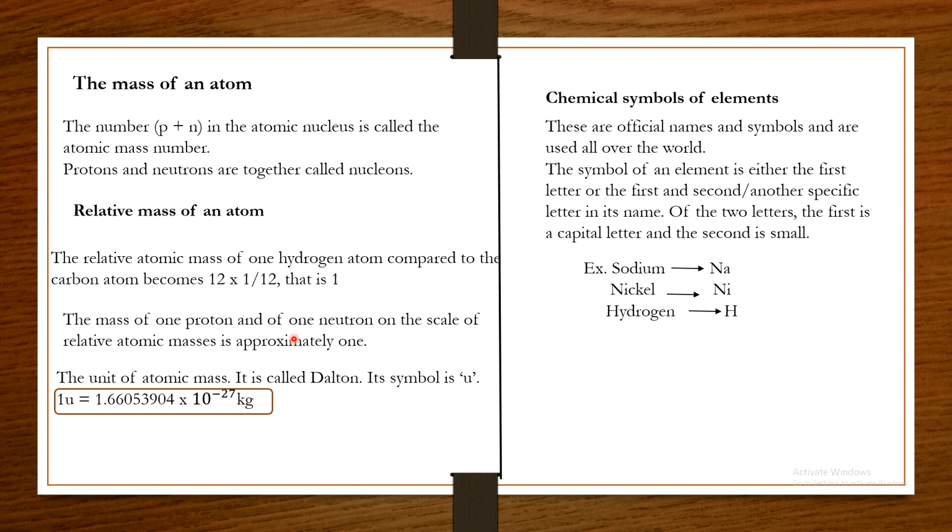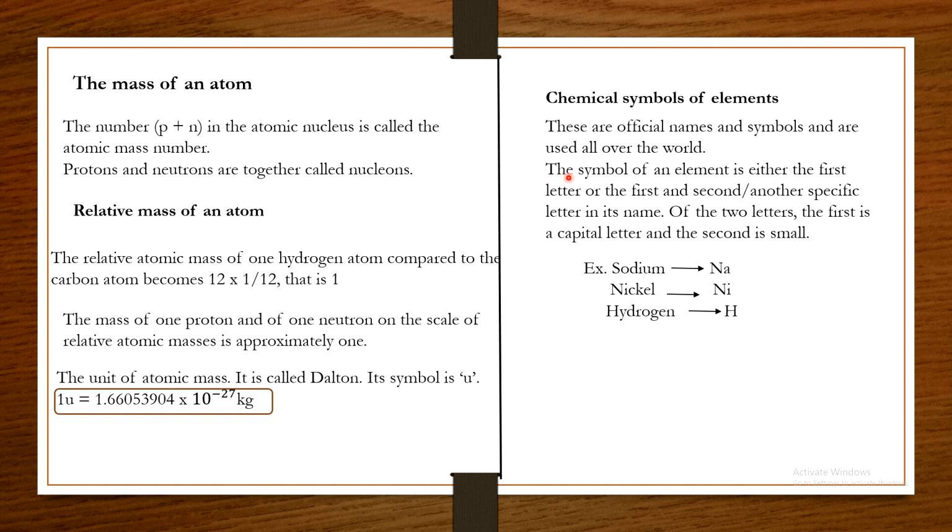And the mass of one proton and one neutron on the scale of relative mass is approximately 1. That means this atomic mass is measured in Dalton and it is denoted by U. And the value of U is this. So this is called relative mass.